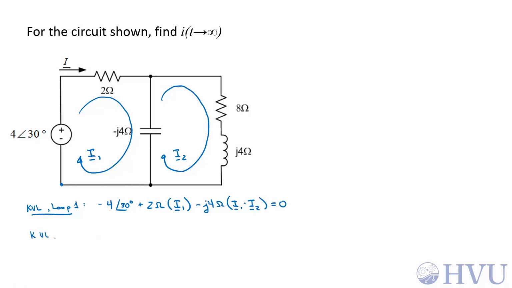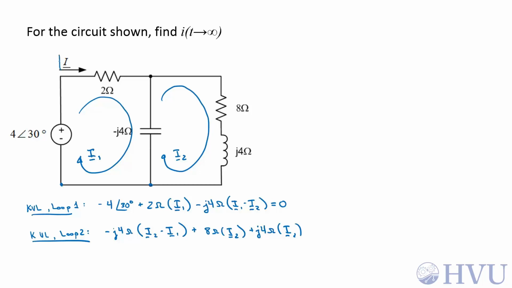Now KVL around loop 2, if I start down here, I have a minus j4 ohms times the sum of the mesh currents, which is going to be I2 minus I1, if I use the mesh current that I'm following for my sign convention, plus 8 ohms times just I2, which is the only current going through that element, plus j4 ohms times just current I2 goes through that element.